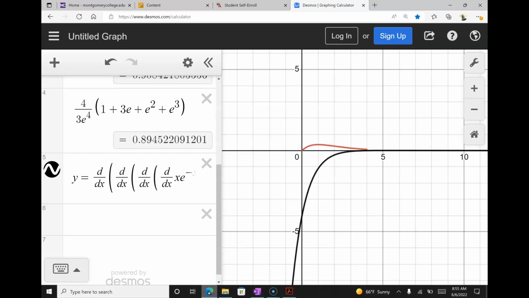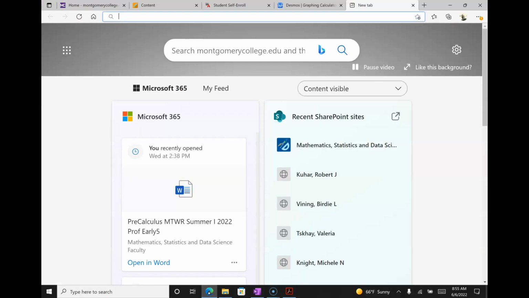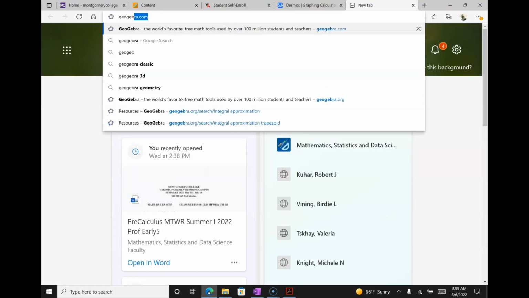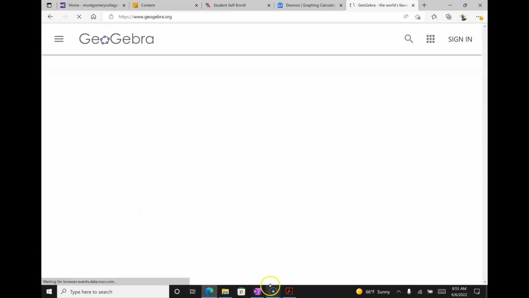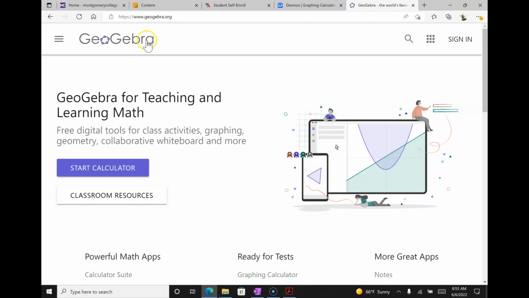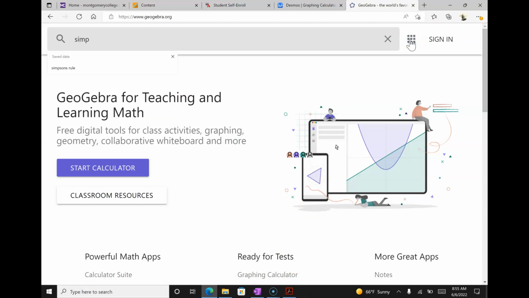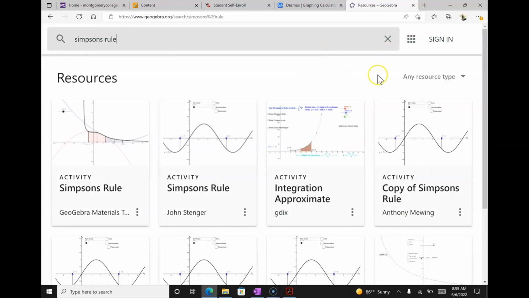And then we want to go to GeoGebra. And I'm searching for Simpson's rule. If I leave the apostrophe out, I get one I like right away.